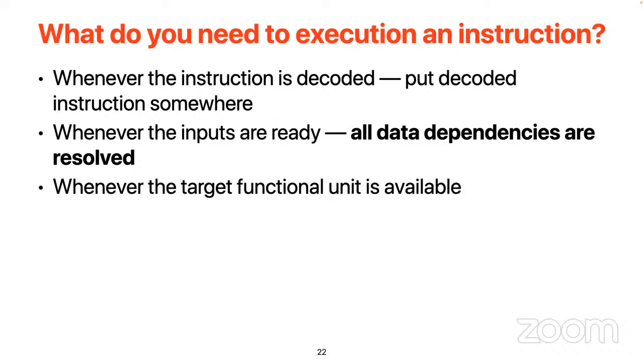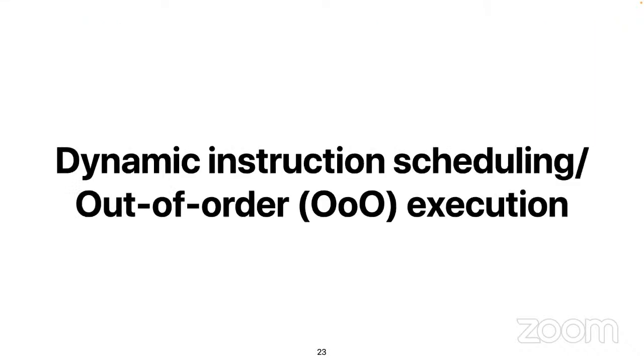And same thing for the processor. Why do we have to care about the order of the program? Why can't we just execute the instruction whenever it is decoded, whenever it has no data dependency, whenever there is a free target functional unit available for it? So here's the thing.